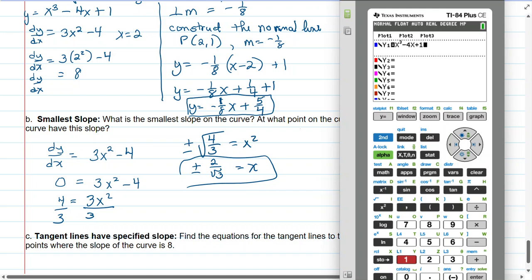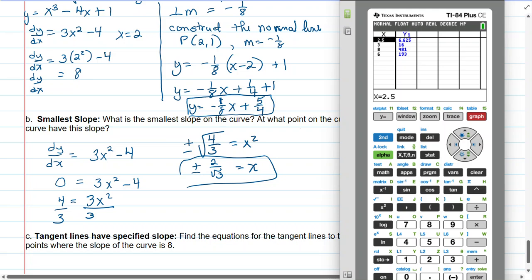All right, so I have my function. I'm going to go to second table and put in, let's put in the positive. This is going to be approximations, because I got a square root of 3.